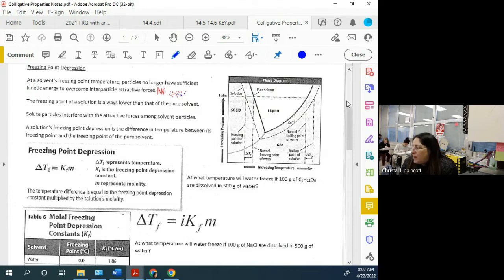So it's going to prevent those IMFs from forming at that temperature. It's going to have to freeze at a lower temperature in order for the IMFs to take hold. This is why they put salt on the roads during the winter.